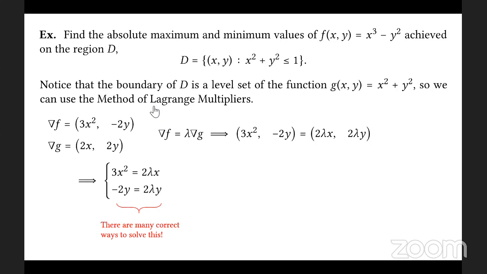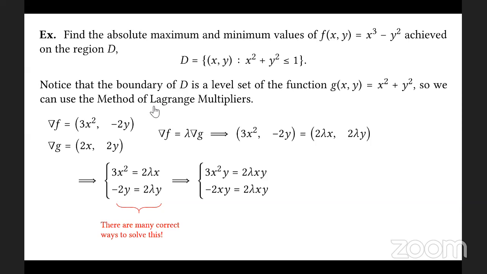You can solve this a bunch of ways. The way I'm going to solve it is I'm going to multiply each equation by whatever I need to so that the right-hand side with the lambda is the same. In this case, I need to multiply the top equation by y and the bottom equation by x. And now I get 3x squared y equals 2 lambda xy, which also equals negative 2xy.